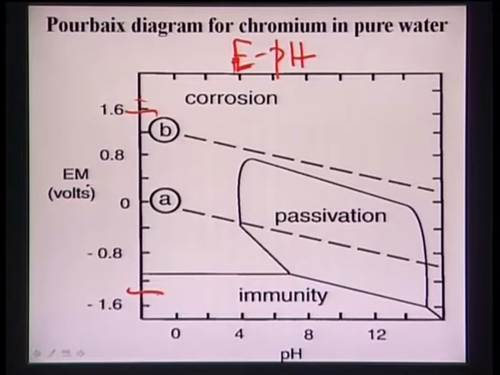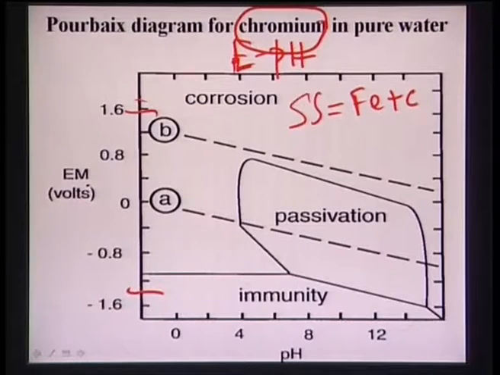And what you can see is given for the example of chromium, because the corrosion resistance of stainless steel is imparted by the presence of chromium only. Stainless steel means iron plus carbon; steel is the solid solution of iron and carbon.